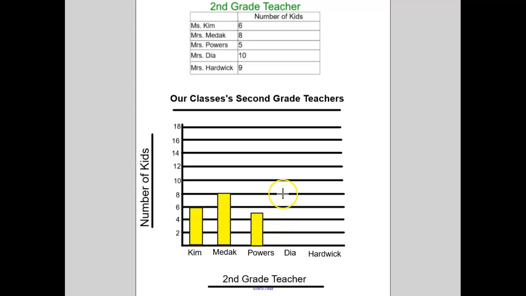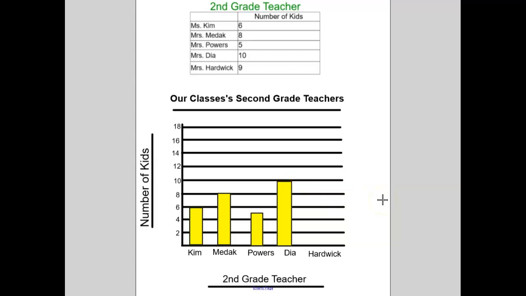Next is Mrs. Dia. Well, 10 of our students in our class were in Mrs. Dia's class last year. So I know my bar needs to go all the way up to the line representing 10 to show that 10 students from our class had Mrs. Dia last year. Last is Mrs. Hardwick.